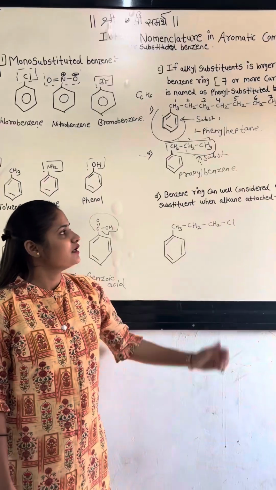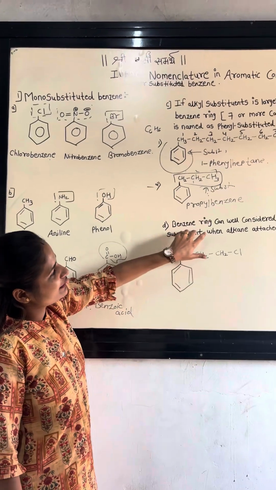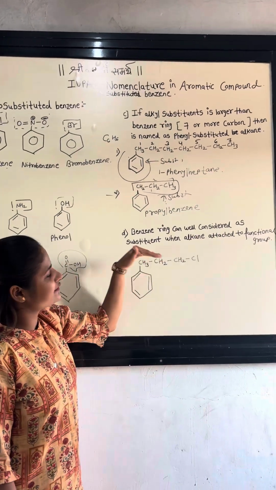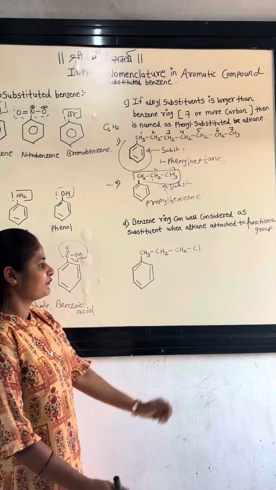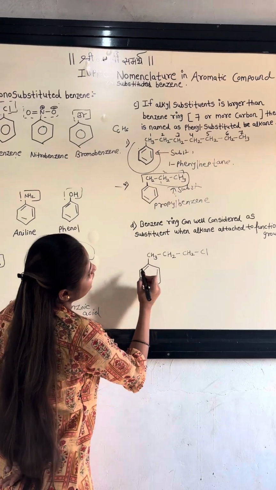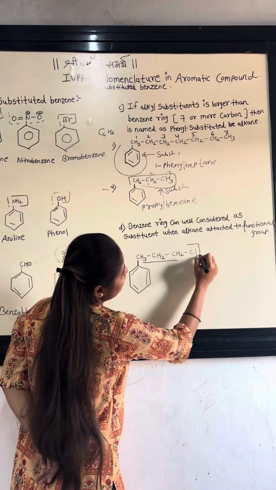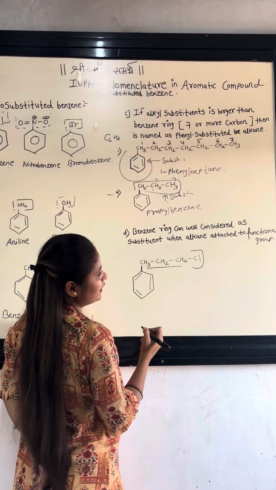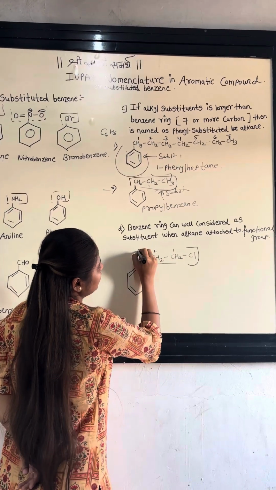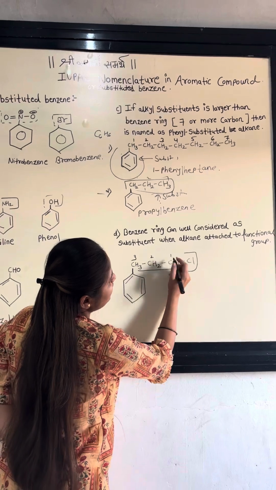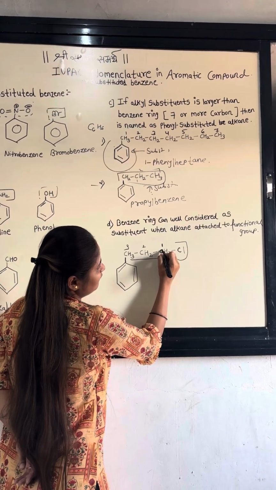Right. So now the last part in a monosubstituted benzene is that the benzene ring will be considered as a substituent when the alkane is attached to the functional group, right? So here you have to see the benzene ring is attached to this alkane, and here the main functional group is the chlorine atom, right? So we have to label it as 1, 2, 3. Okay, so here the chlorine atom is attached to the first carbon atom, right?